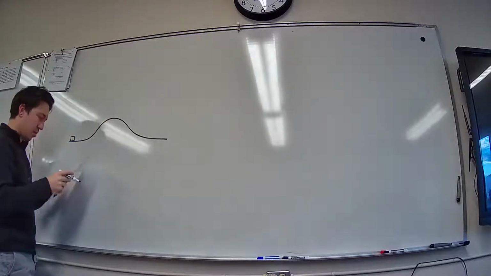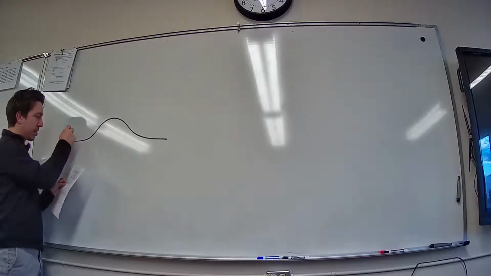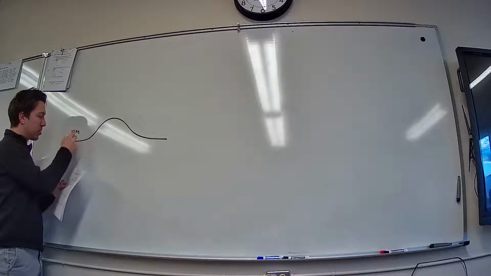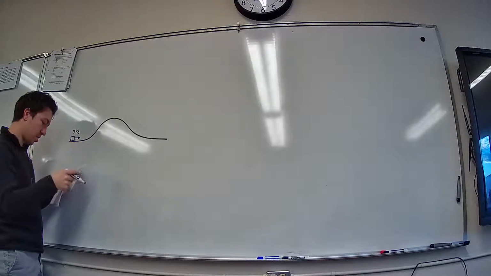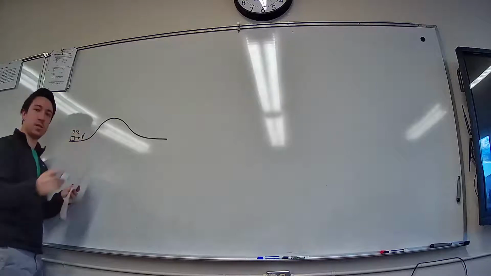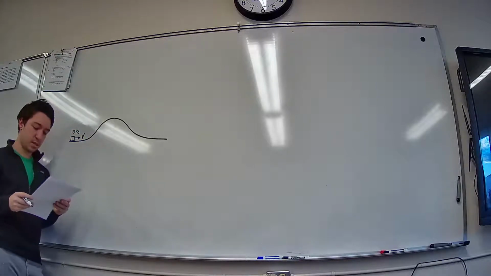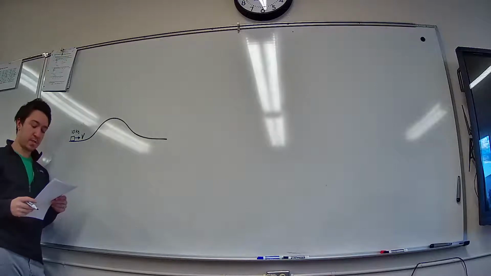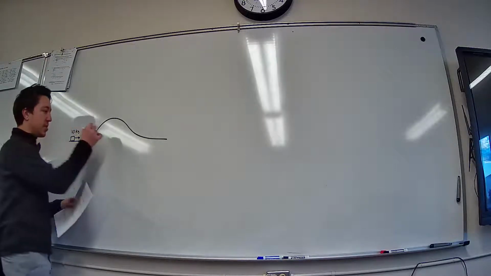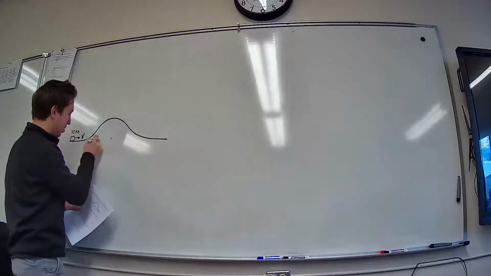Okay, so this guy's a 10 kilogram block. He's traveling to the right at, we don't know, some initial velocity v. And the first question asks us, what's the minimum, oh, and it tells us the radius of this ramp.